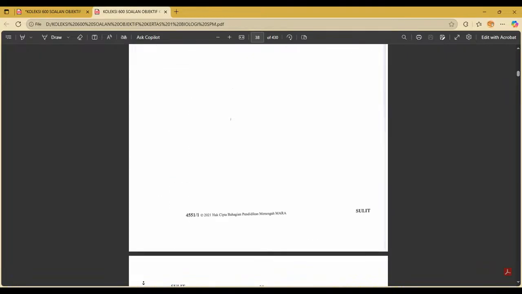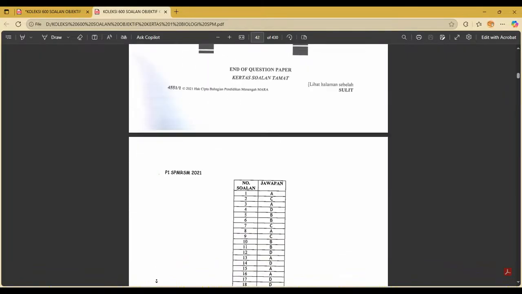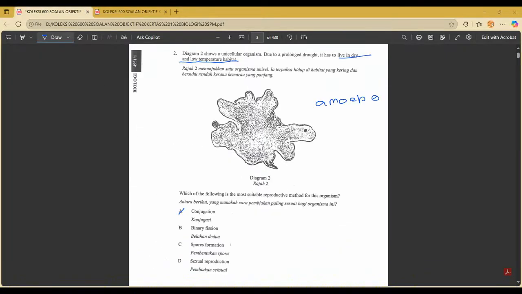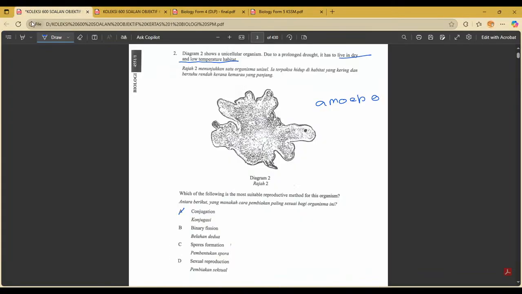Down, and open the textbooks as well. Biology Form 4, Biology Form 5. Okay.